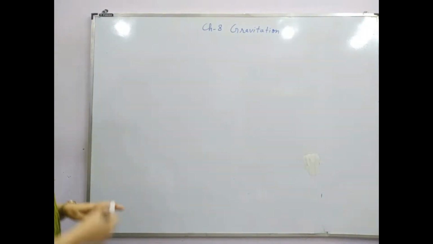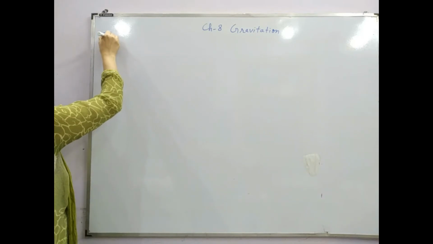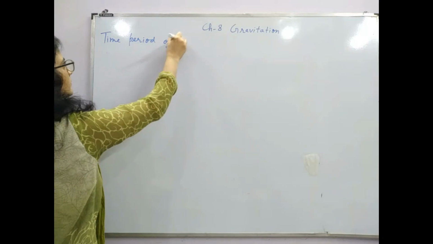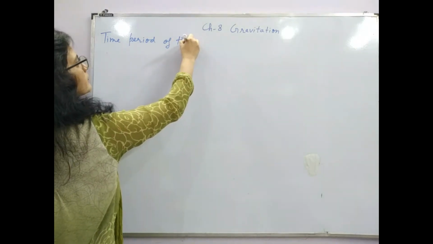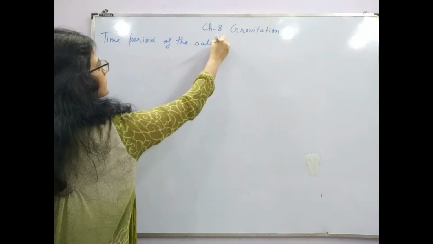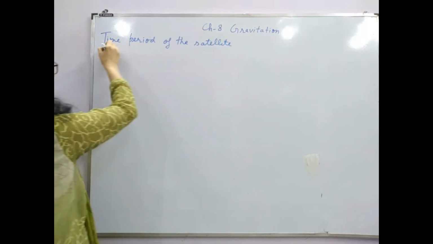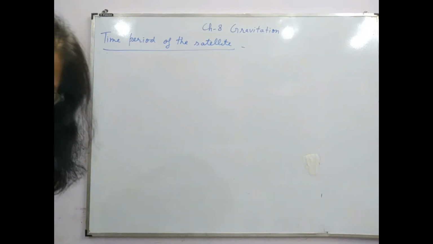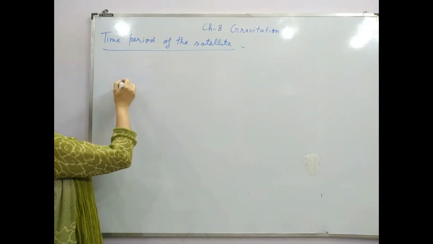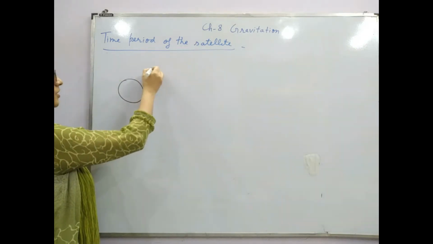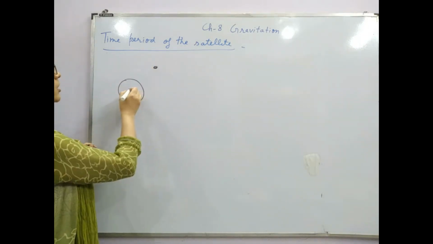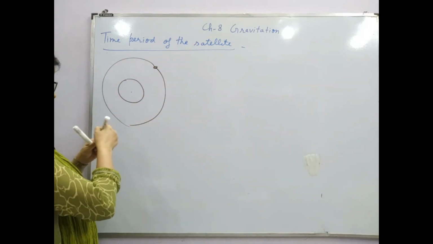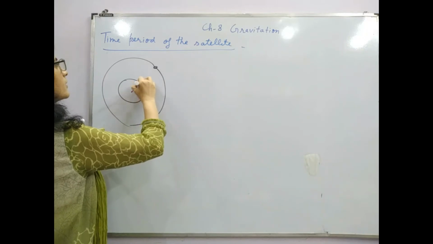Time period of the satellite. For this you need to recall the diagram. This is your Earth, this is your satellite, right? So the radius of the path, as we discussed, is small r.